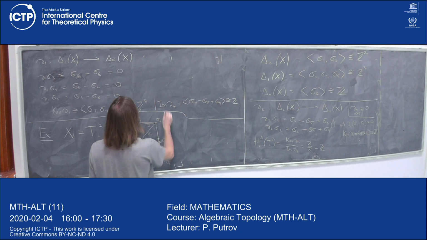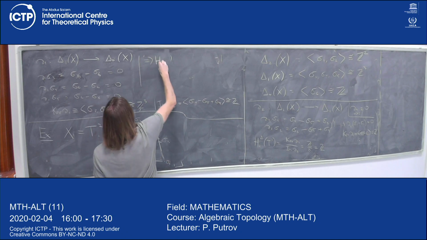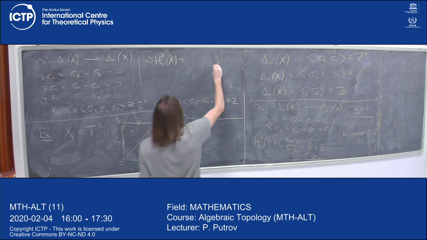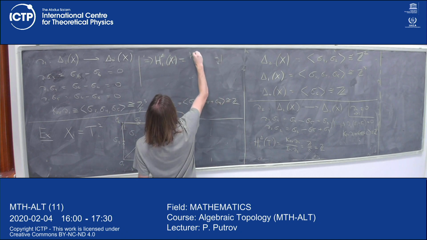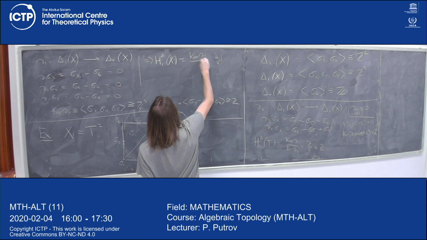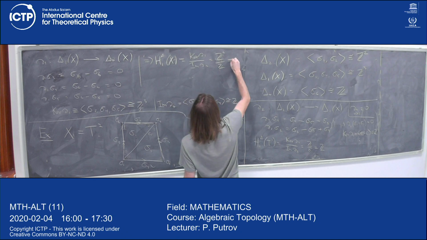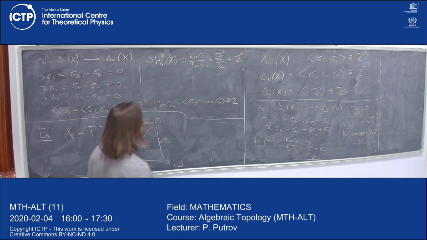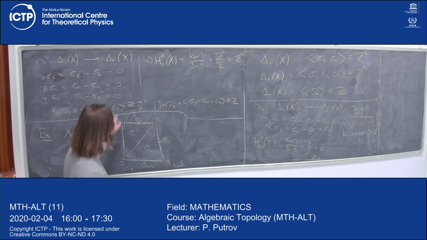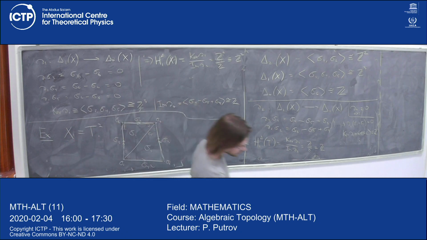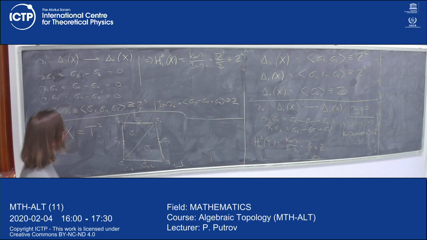Now we're ready to calculate H1 of X. This will be the kernel of D1 divided by the image of D2, which is Z cubed divided by Z. We quotient this group by a subgroup with a single generator like this. Currently, you can write it as a group with 2 generators.